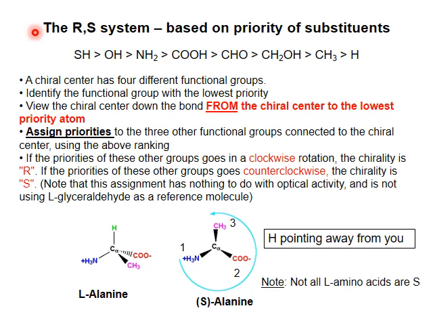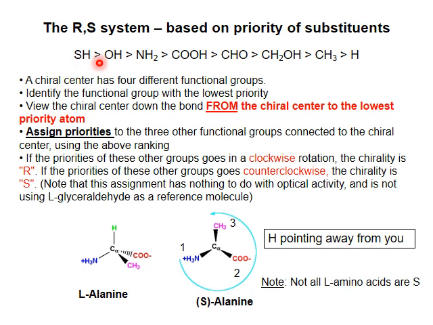There's also the system of looking at configuration from an absolute perspective, and that's the RS system. And that was based on prioritizing substituents. We're not going to go into this in this course, but I just wanted you to be aware of it.